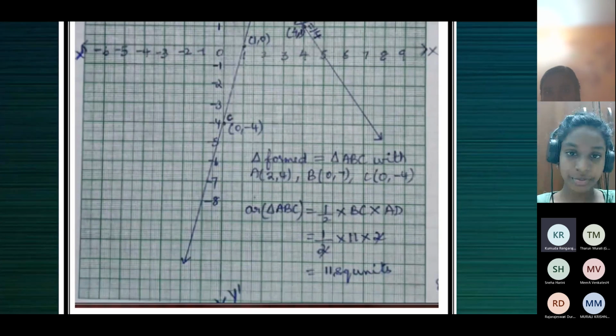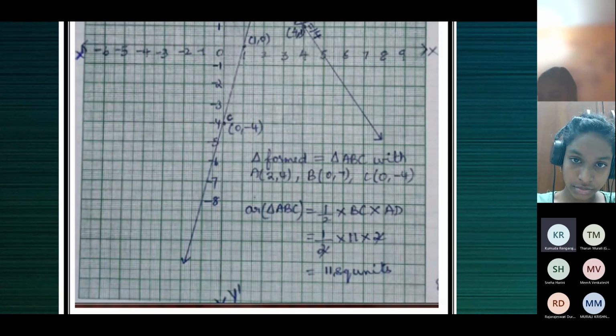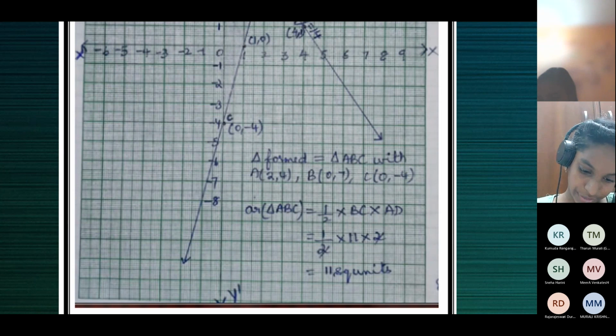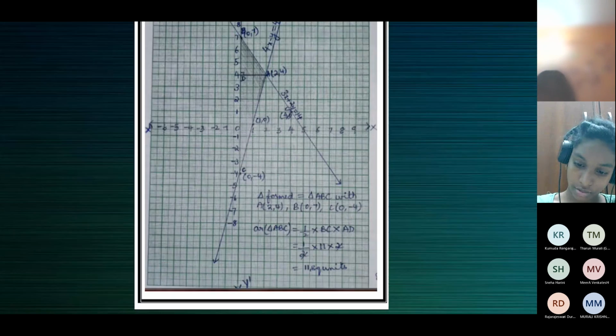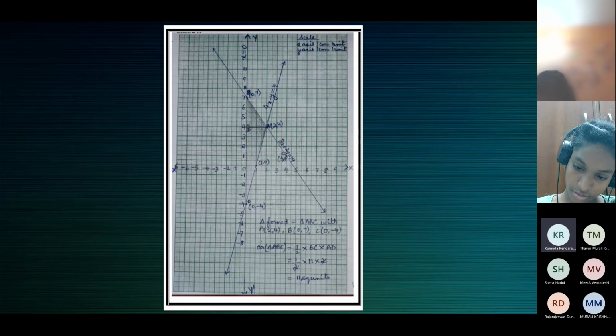You can look at the vertices: 2 comma 4, 0 comma 7, 0 comma minus 4. You can take a screenshot.